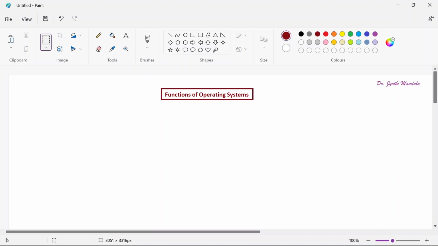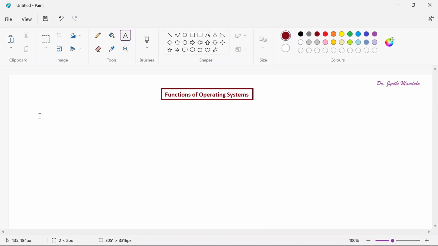These functions of the operating system are nothing but the activities the operating system is going to do. That is what we are going to highlight today, in brief. Here I have a set of 6 to 7 activities, and we'll see one by one what they are.